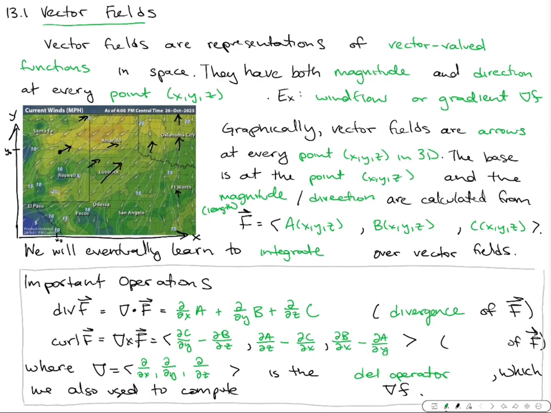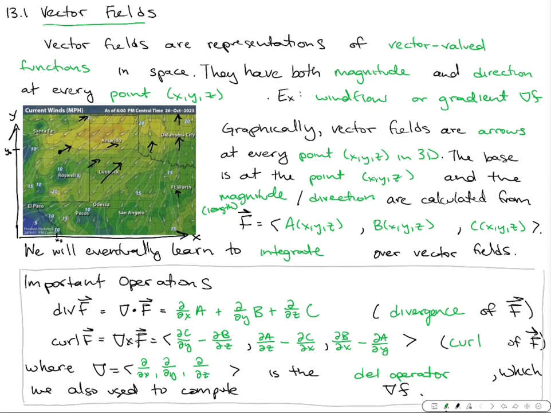If you want to just write down that formula and plug it right in, if you're not familiar with determinants, that's the way you compute this, same as you computed cross products. If you prefer to directly compute the cross product, you can do it that way instead. This object is called the curl of the vector field f.